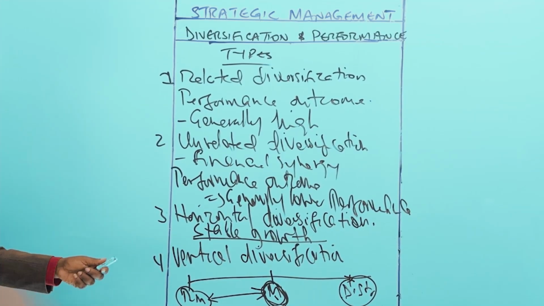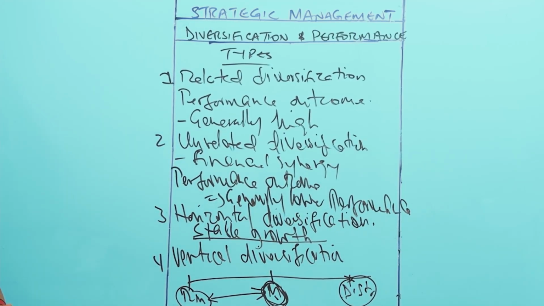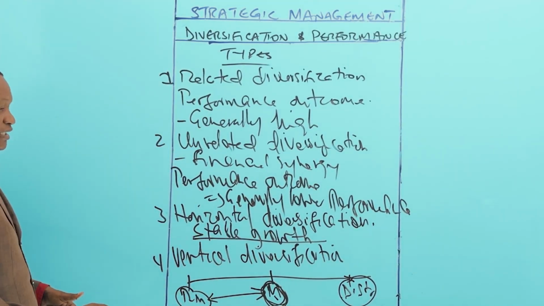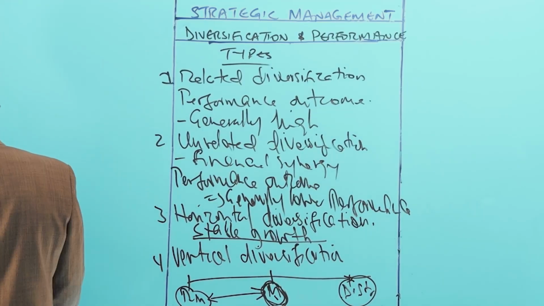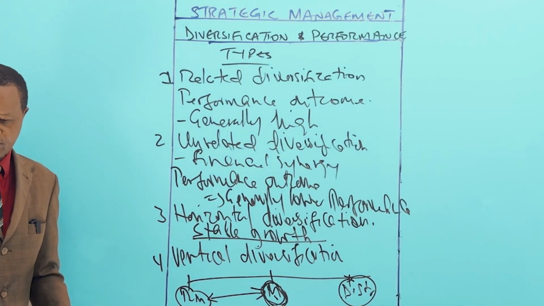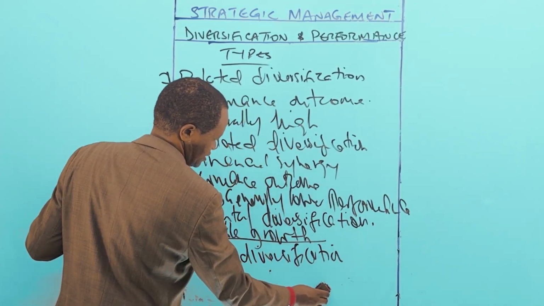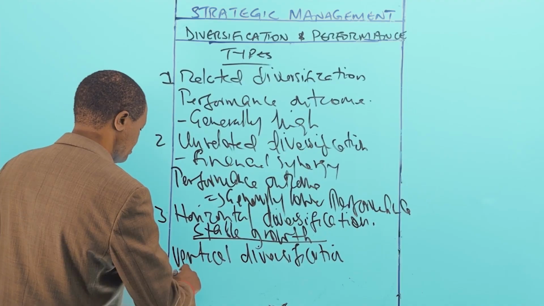So here the focus is mainly on operational control and cost reduction, and the outcome is generally mixed. The outcome here is mixed. Okay, for vertical integration, the performance outcome is just mixed.